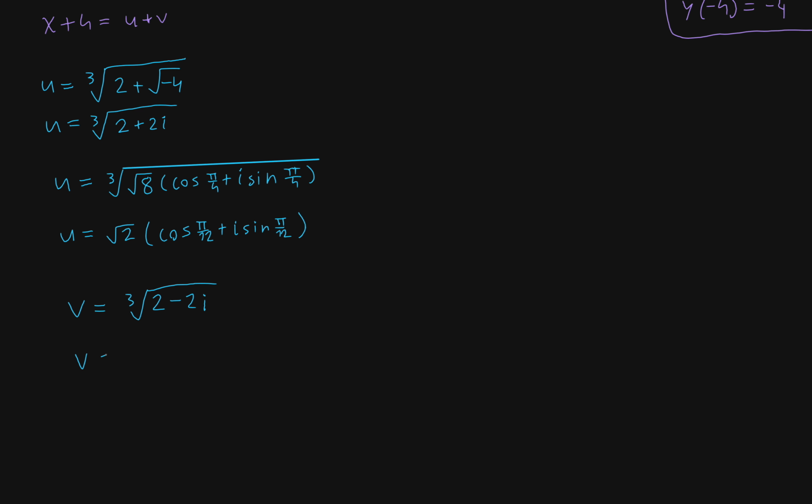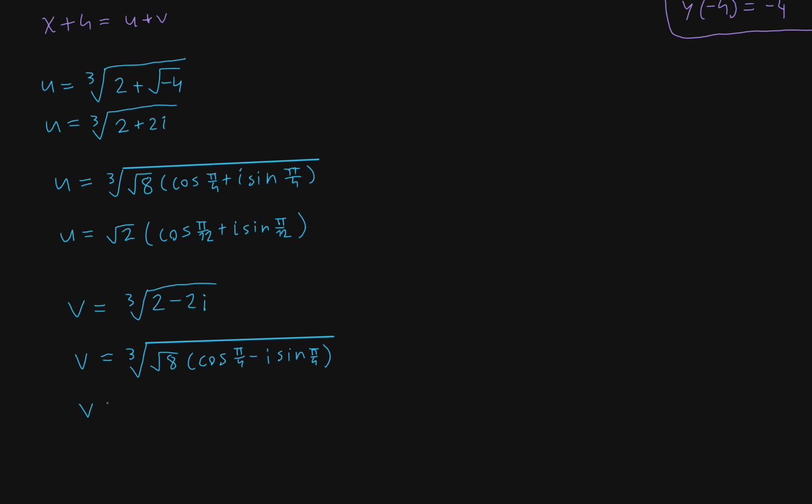In polar form, going to be the same thing again, only differs by a minus sign. We're going to have root 8 cosine pi over 4 minus i sine pi over 4, all under the cube root.